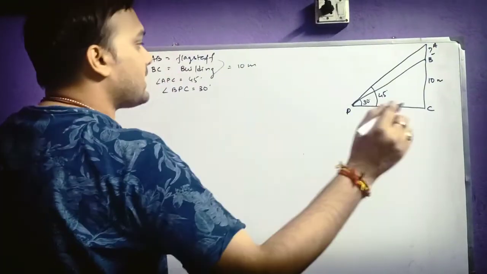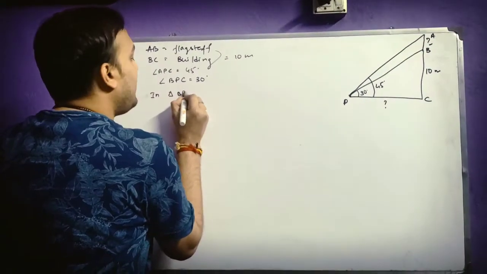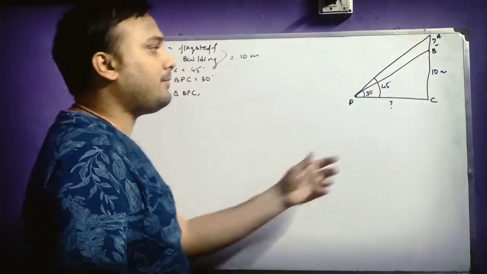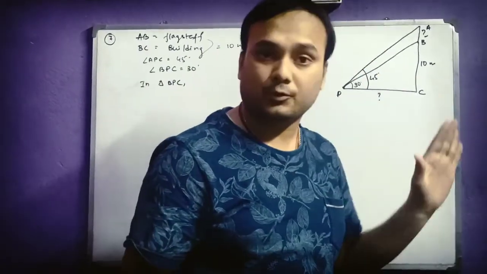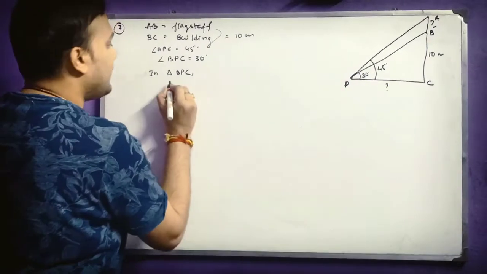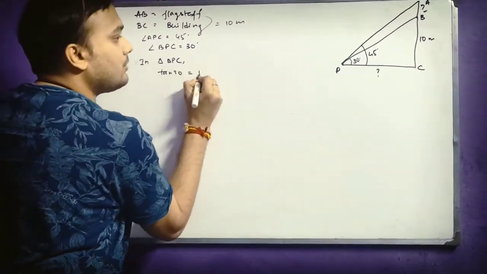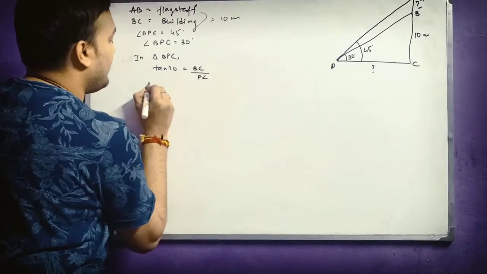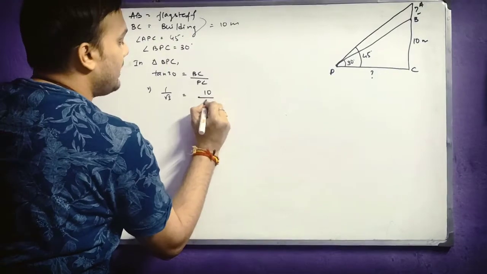For that, let us first take the smaller triangle. In triangle BPC, we are dealing with only the height and the base, nothing to do with the hypotenuse, so we select tan theta. In triangle BPC, theta is 30 degrees. So tan 30 equals BC by PC. We get 1 by root 3 equals 10 by PC.